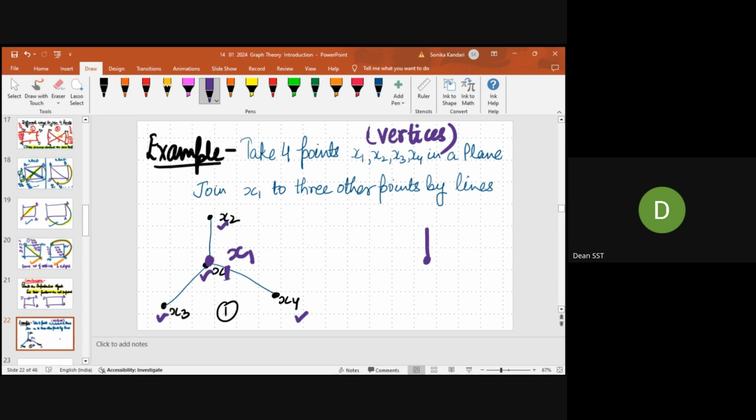One way is that we join like this. This is x1, x2, x3, and x4. We can join like this. So how have we joined? x1 is the center point.